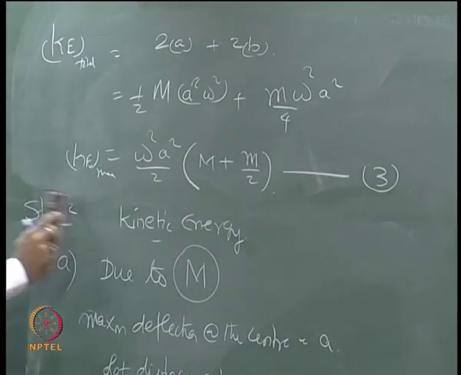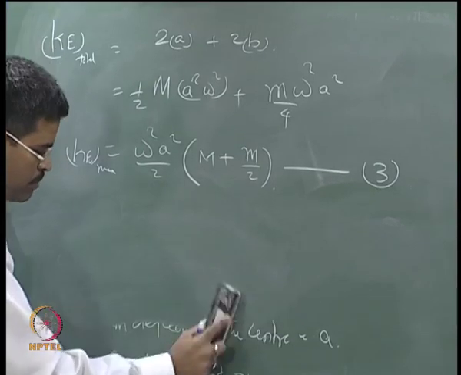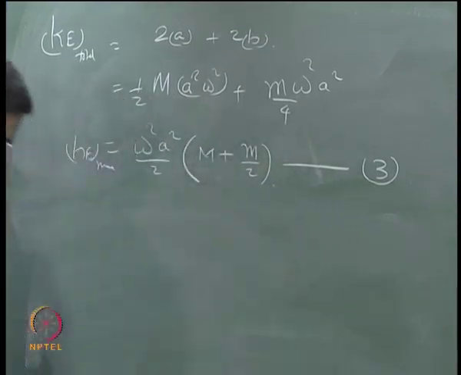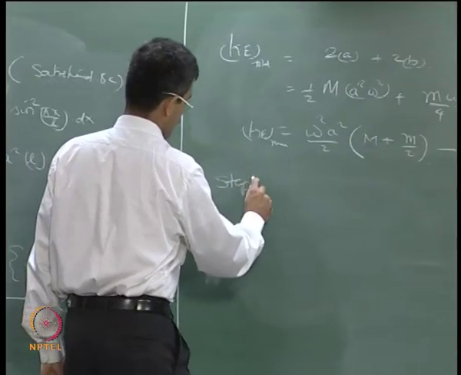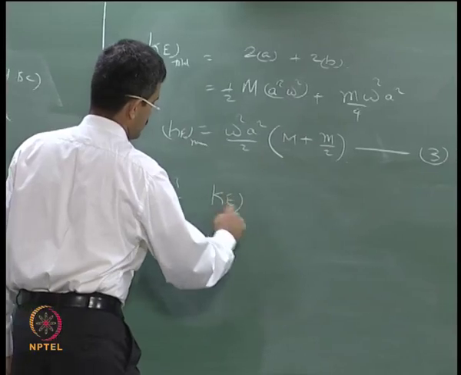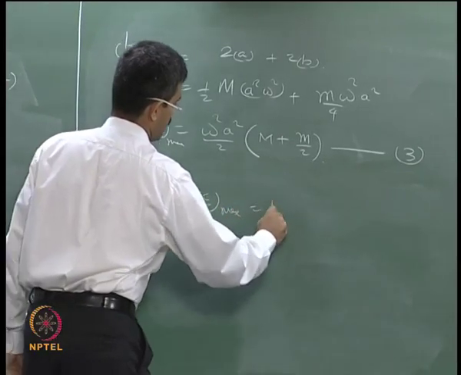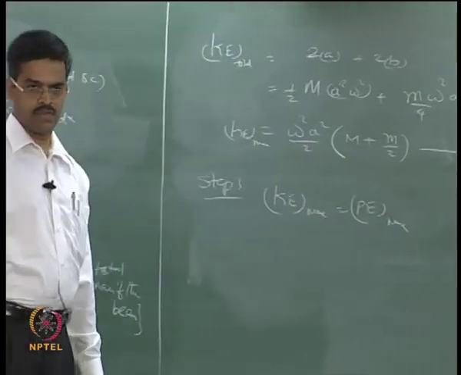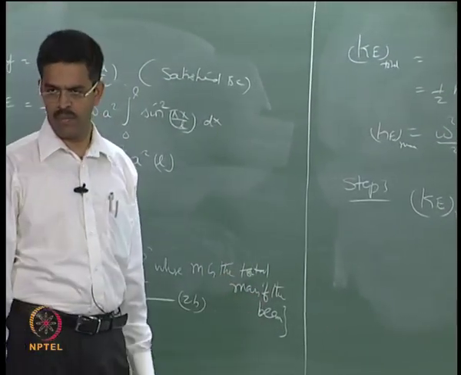So, in a given system wherever there is a potential energy maximum, kinetic energy is 0, and for kinetic energy maximum at that position potential energy is 0. Therefore, I can say KE max should be equal to PE max for a conservative system. So, I equate 3 and 1.